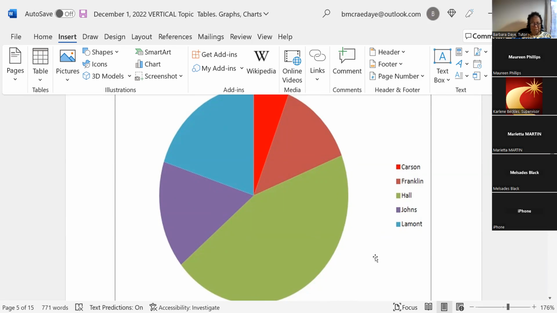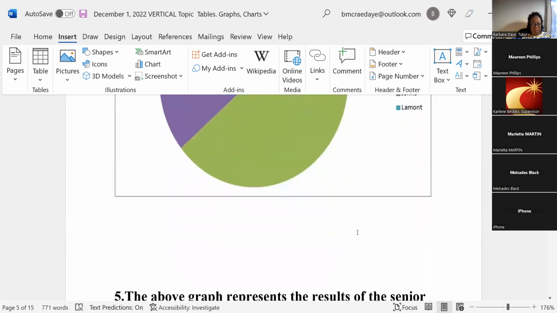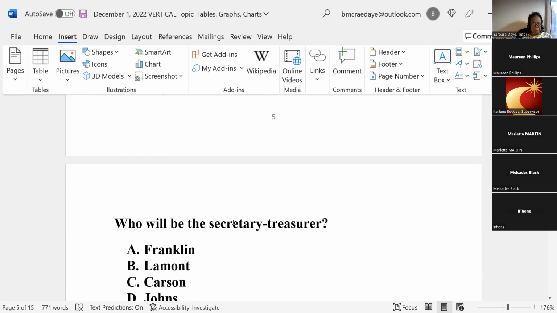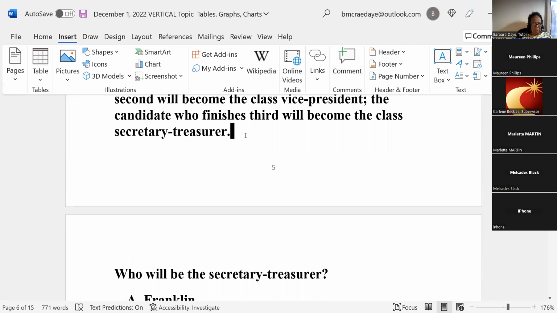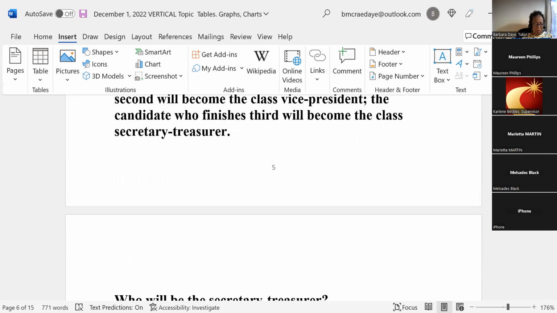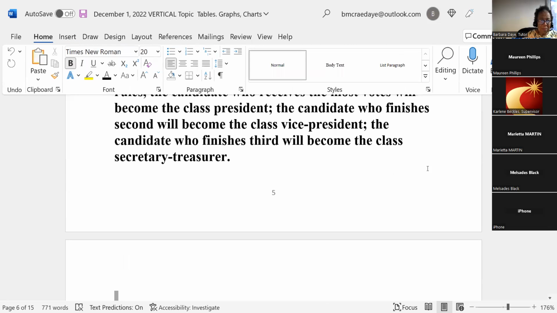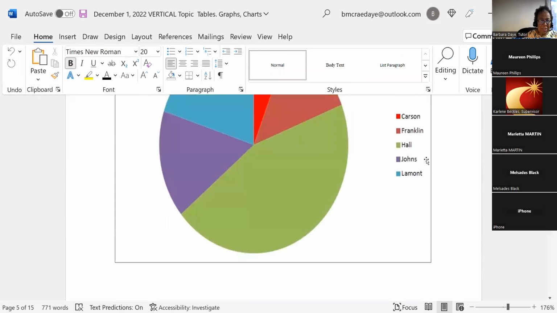So you put them in order. The biggest is Hall. The next biggest is Lamont. And the next one is Johns. Right? So let's just put here what we just said. I got the answer right, I just forgot to write it down. Okay. So the biggest, and by the colors here, the green is Hall.